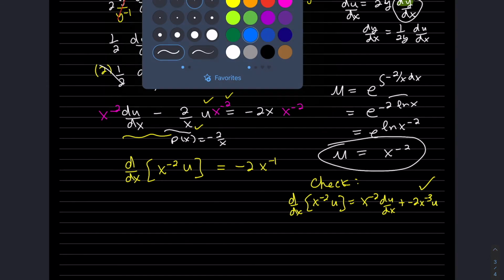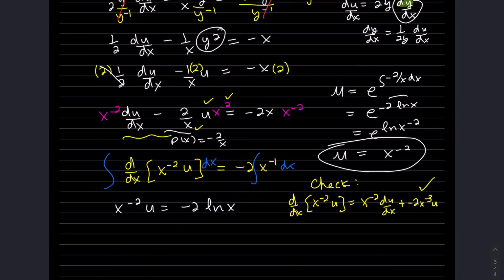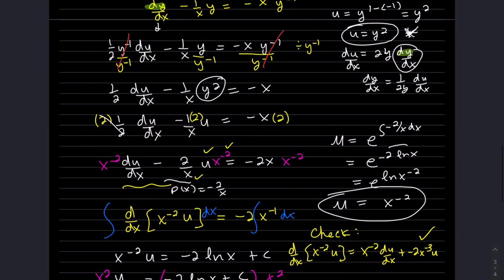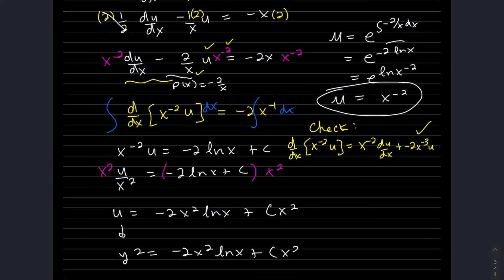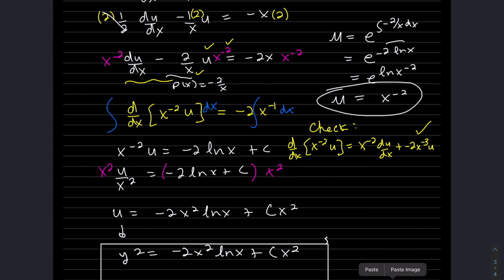So now we integrate in terms of x. These just cancel. Plus d. Let's clear our fraction. u. And remember, our u is still y squared. And we have our general solution.